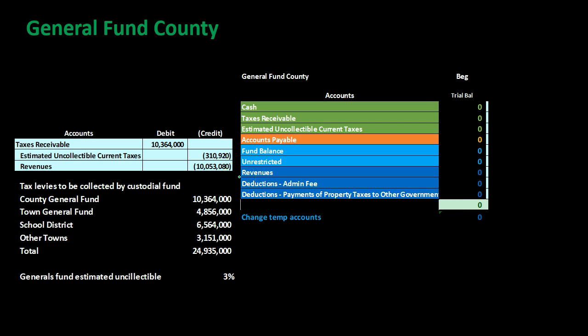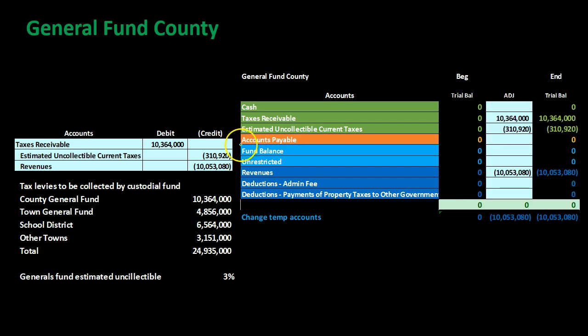So here, of course, in the general fund, it is revenue. It's revenue that's going to be collected by the custodial fund and then distributed to the general fund. Therefore, we're going to increase the estimated uncollectible current taxes. Here, we're going to increase the taxes receivable, and the other side go into the revenues as we would expect on a normal kind of accrual type of basis.